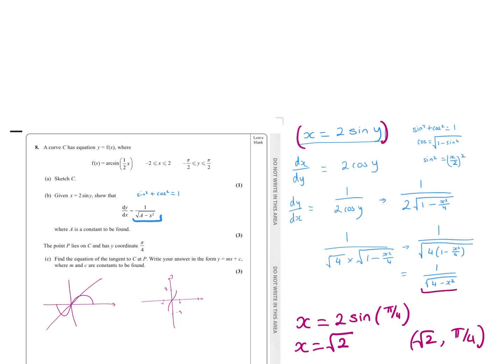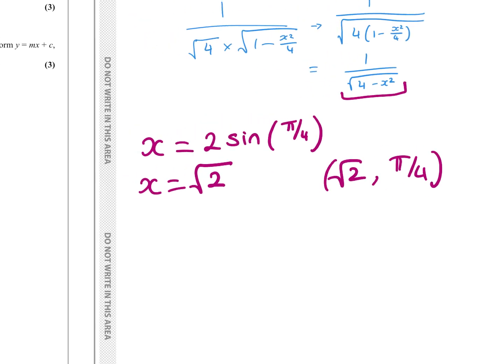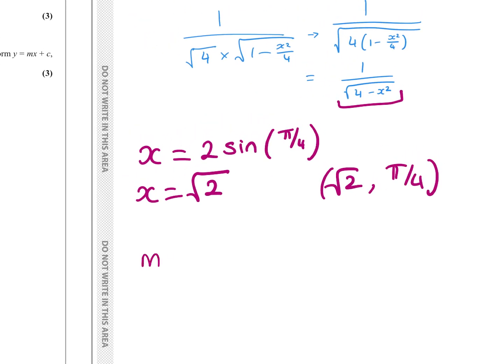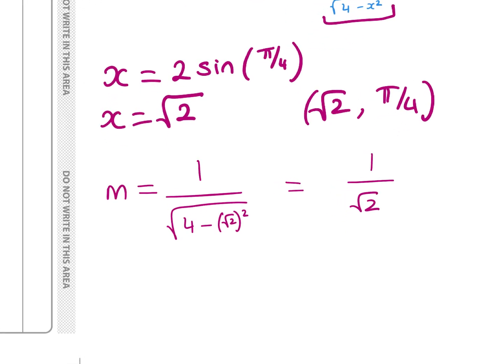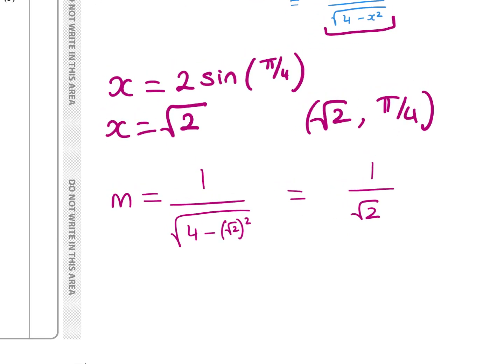And then to find our gradient, I need to substitute in here. So my gradient, m, equals 1 over the square root of 4 minus root 2 squared. So my gradient is in fact 1 over root 2. Okay? So now, y equals mx plus c, pi over 4 equals mx plus c.